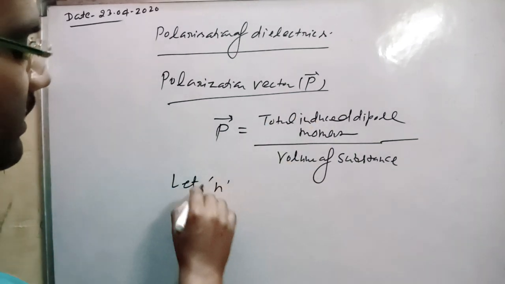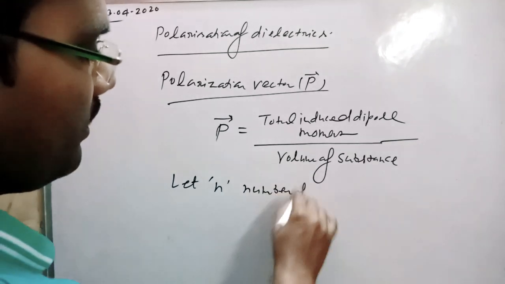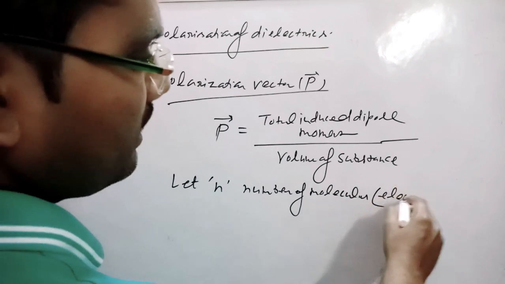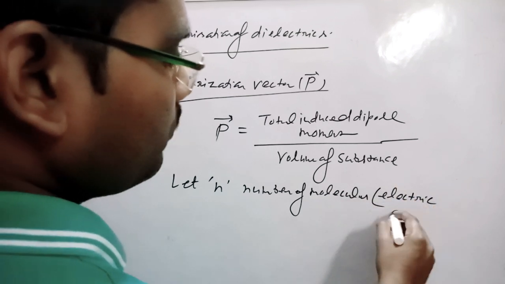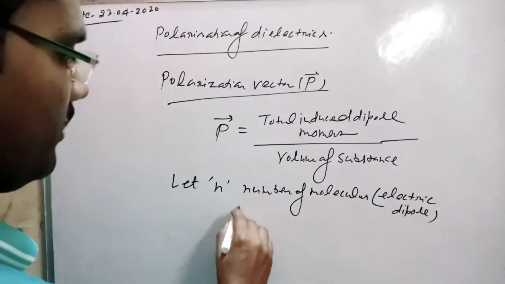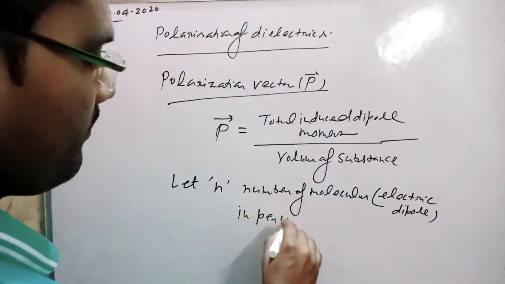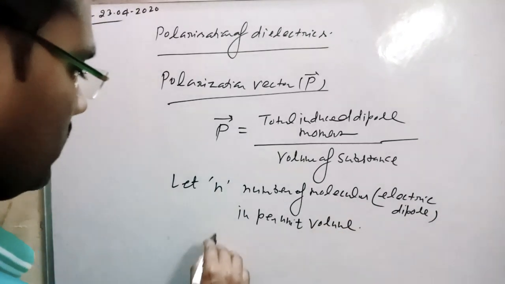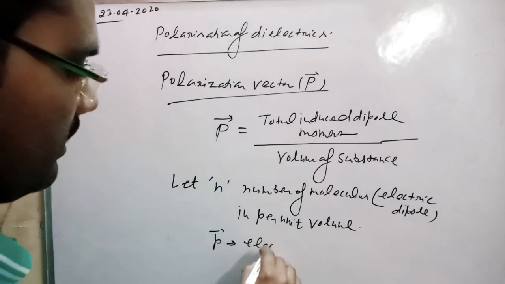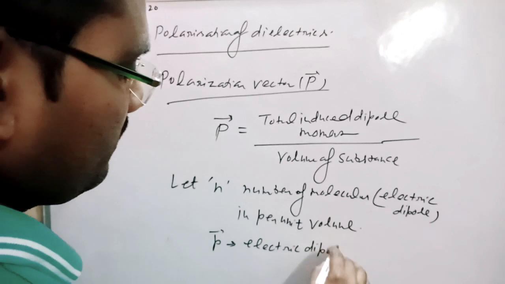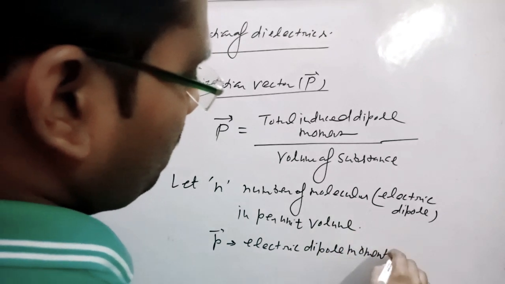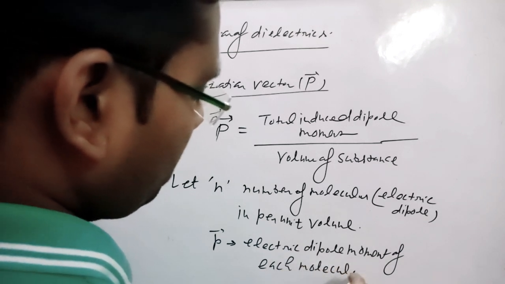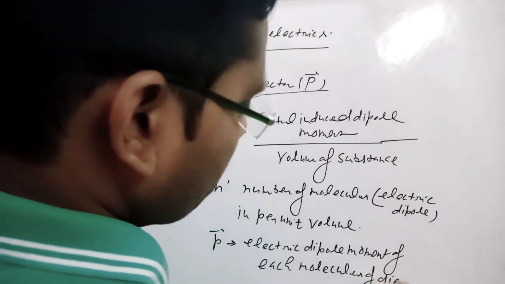Now here let N be the number of molecules, that means electric dipoles, per unit volume, and small p is the electric dipole moment of each molecule of the dielectric.